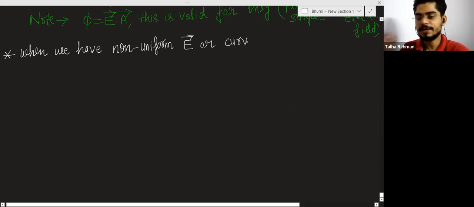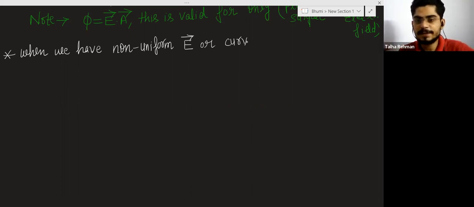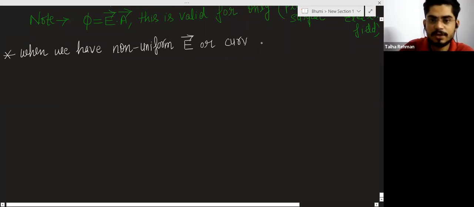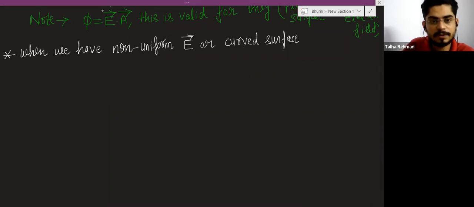Curved surface means if you want to calculate the electric flux through a cylinder, through a sphere, through a cone and all that, you will not use this formula. For a curved surface, you will use this other formula.